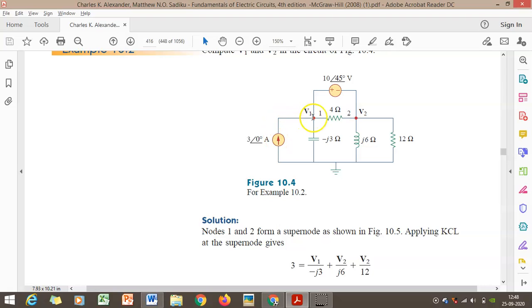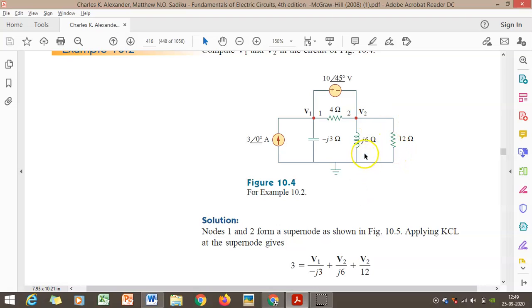incoming current is 3 amps. So 3 is equal to, at V1, we have one impedance connected here. So V1 divided by minus j3 plus, for V2 it is j6 and the 12 ohm connected to it. So we have to divide V2 by j6 and V2 by 12 ohm.